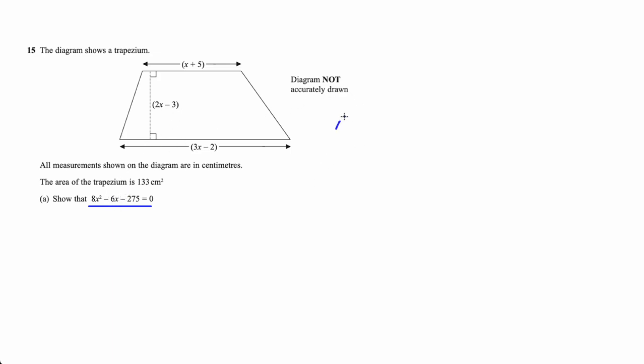I'm just going to say the area is equal to, remember, it's a half, sorry, it's not this times this. It's a half this plus this. So it's a half A plus B, half A plus B times the height. So times 2x minus 3.